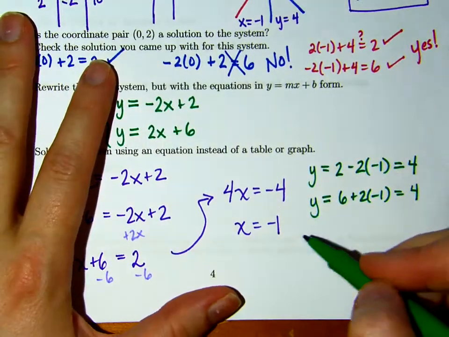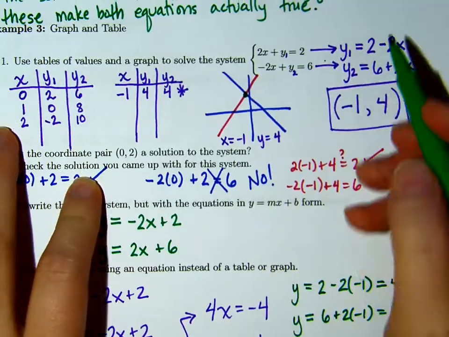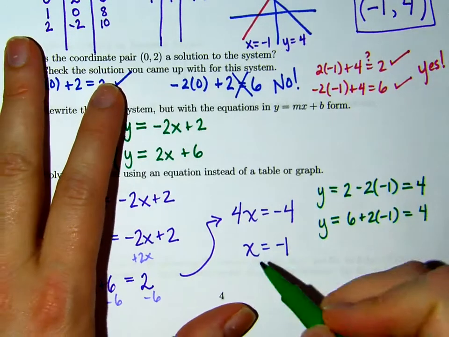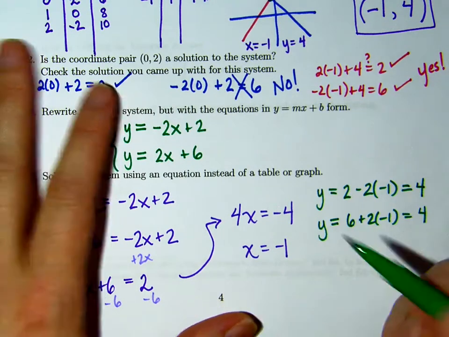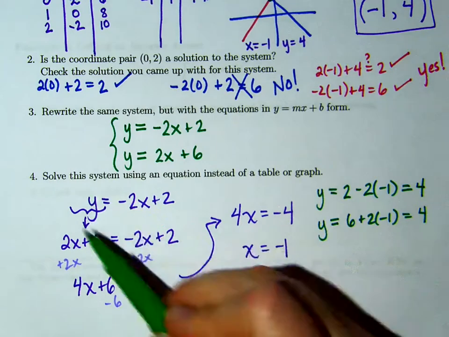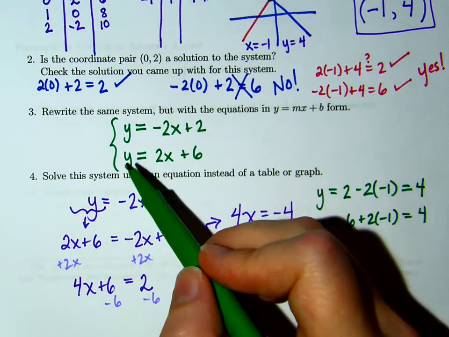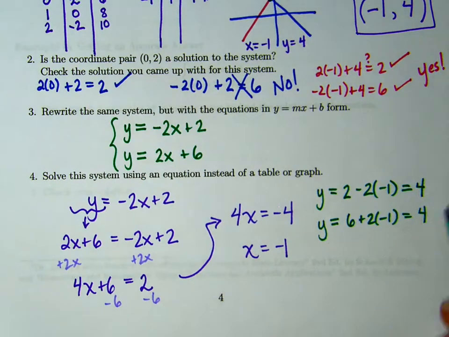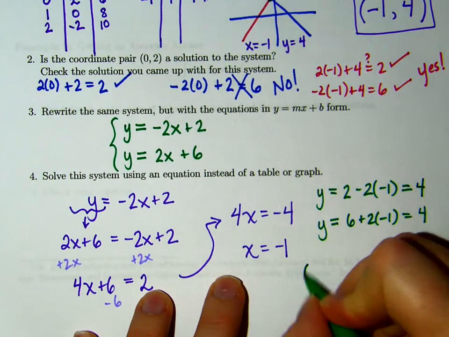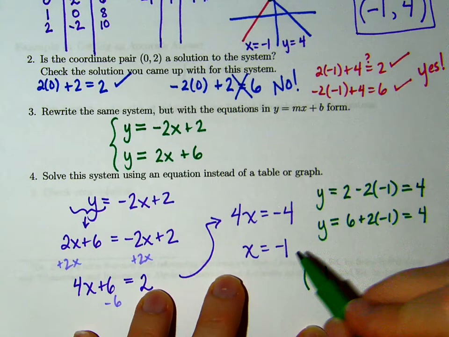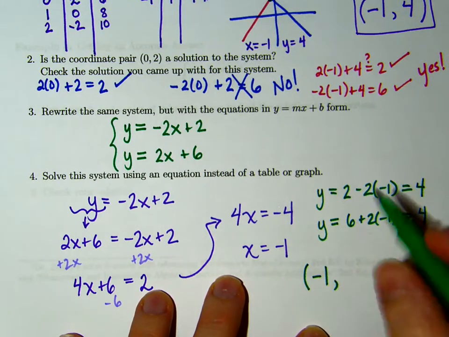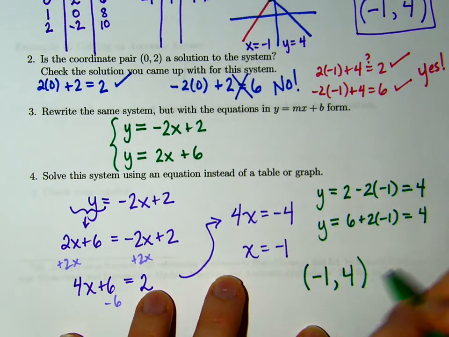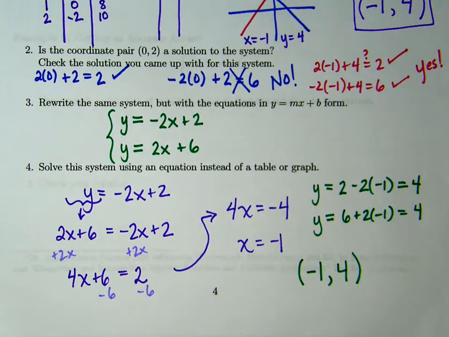So that means regardless of which equation we plug this x into, we'll still get the same thing. That's exactly what we intended to do here when we said the y is equal to the y. There it is showing up, yes? So even here, our x value, when x is -1, both equations have a y value of 4.